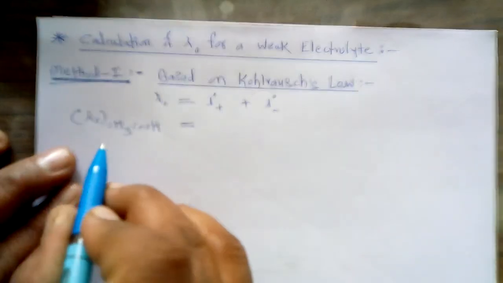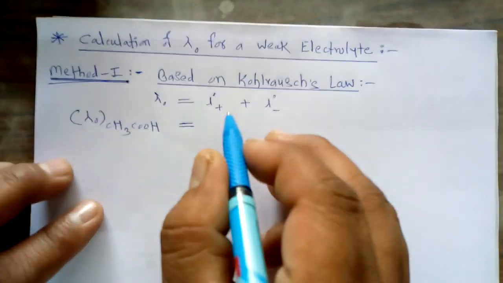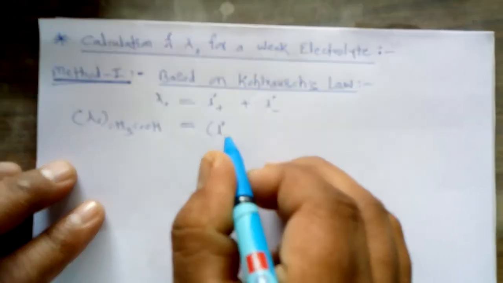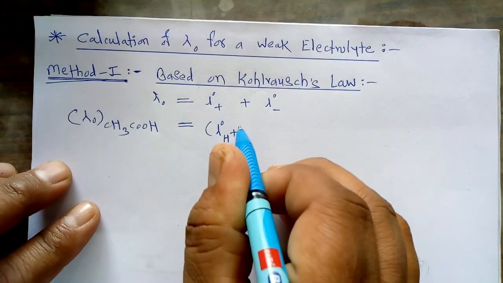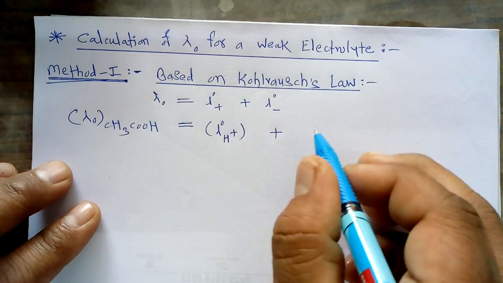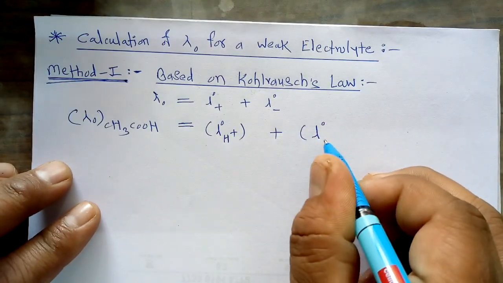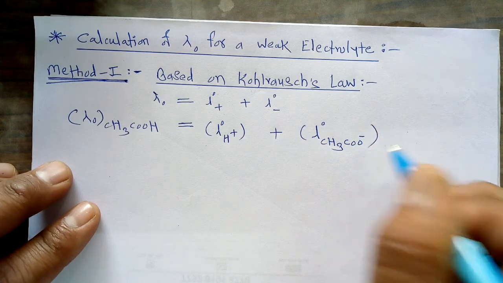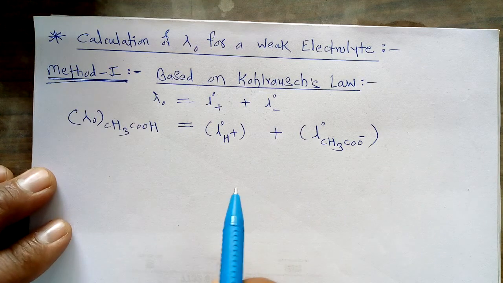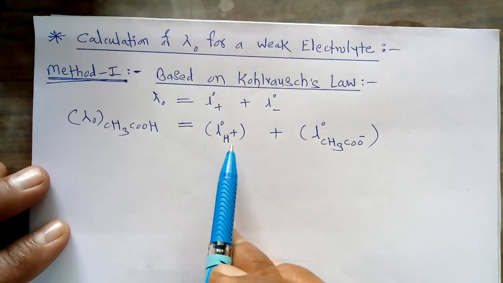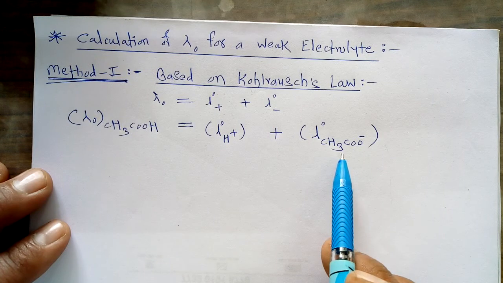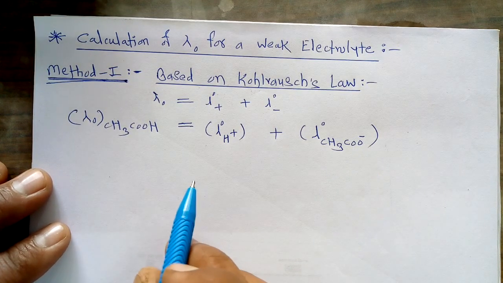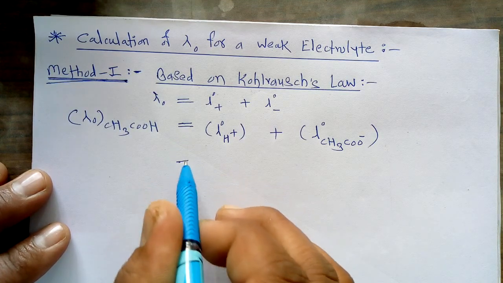We know very well that lambda 0 for acetic acid is nothing but the summation of the equivalent ionic conductance for the cation, that is the H plus ion, plus the equivalent ionic conductance at infinite dilution for the anion, that is the acetate ion, CH3COO minus. So we have to substitute the contribution of both these ions.